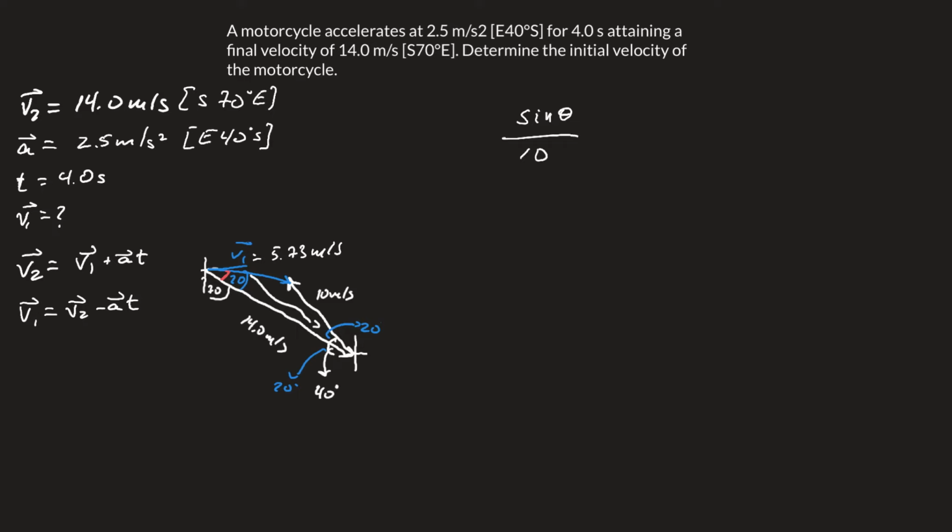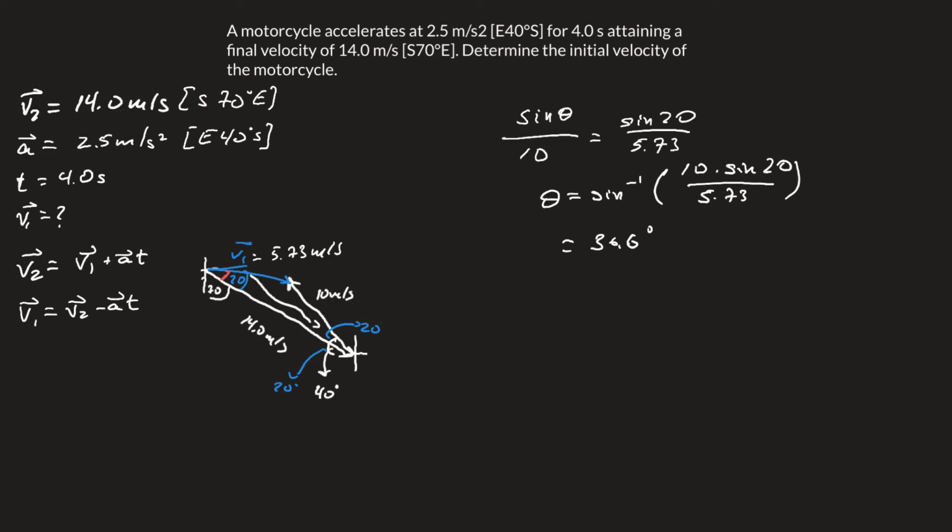Sine theta over 10 is equal to sine 20 over 5.73. We are allowed to rearrange this such that theta is equal to sine inverse of 10 sine 20 over 5.73, which gives us an angle of 36.6 degrees. That's the entirety of the angle, but that's not exactly what I'm looking for. I'm looking for just the angle on the inside.